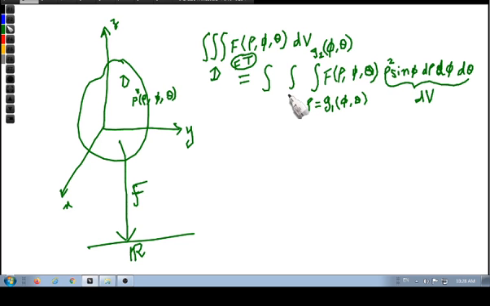Now phi variation. Phi varies from somewhere to somewhere, and finally theta varies from somewhere to somewhere. So these things we have to determine. Similarly, we have to determine G1 and G2 also.